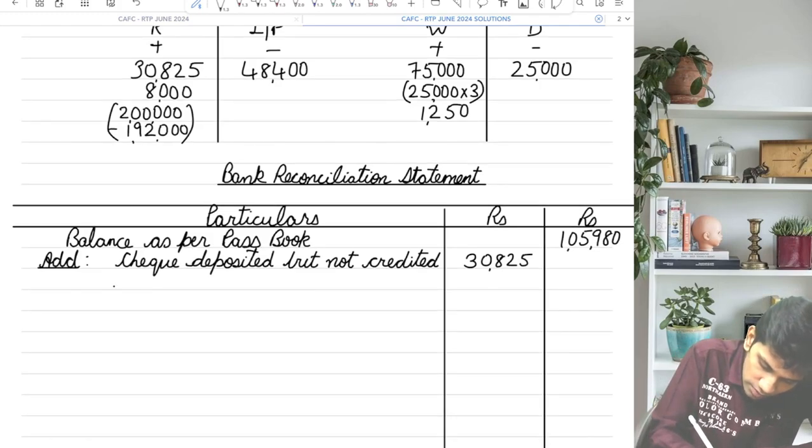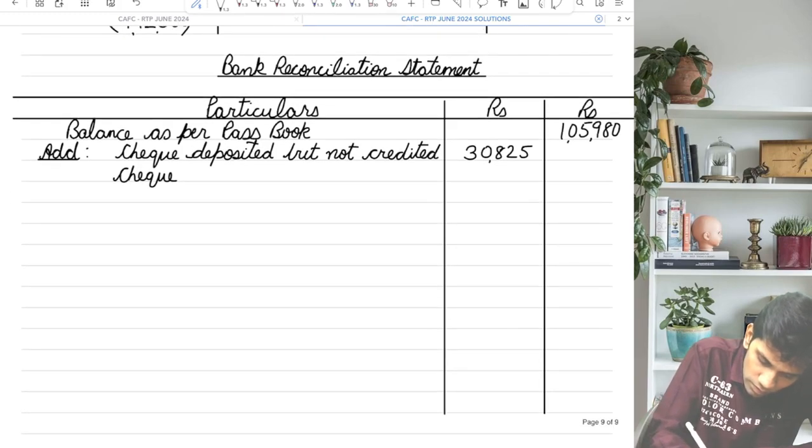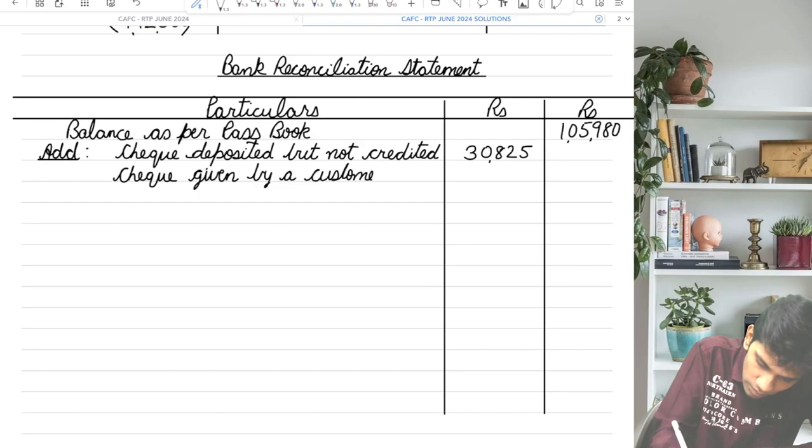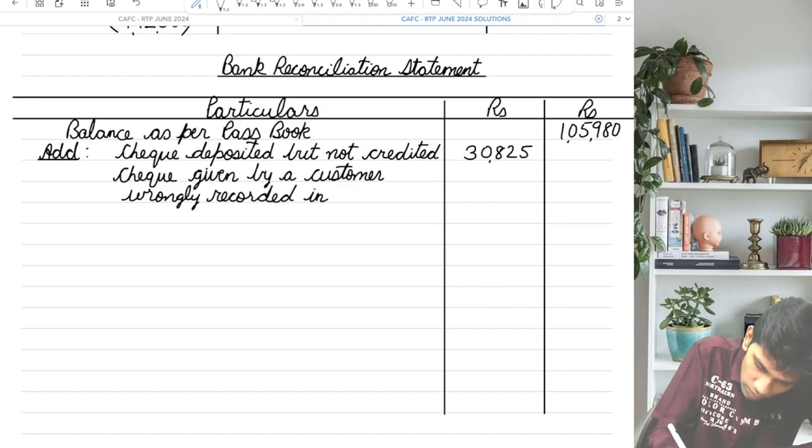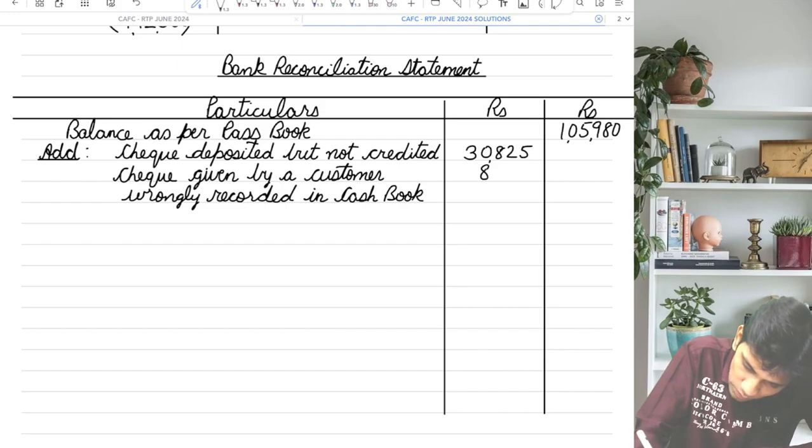Check given by a customer wrongly recorded in cash book. 8,000.